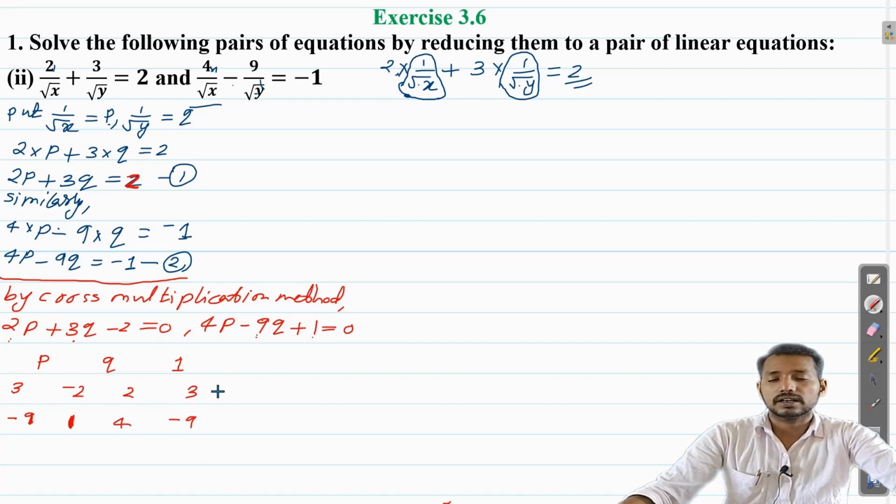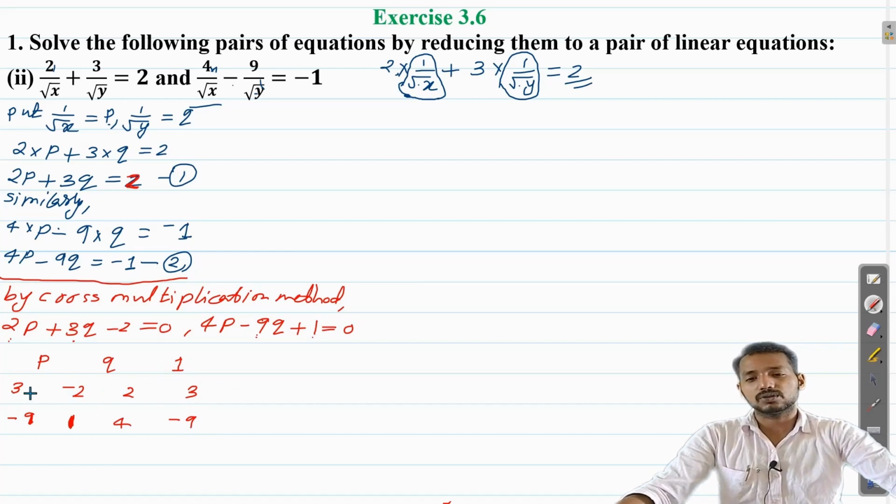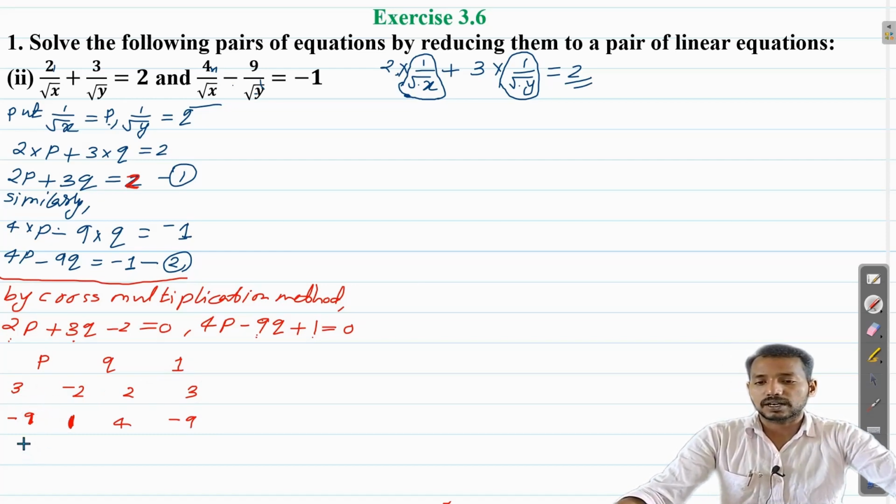I already explained cross multiplication in the last two videos, so I am not going to explain in detail. Now cross multiply it, so what will we get?